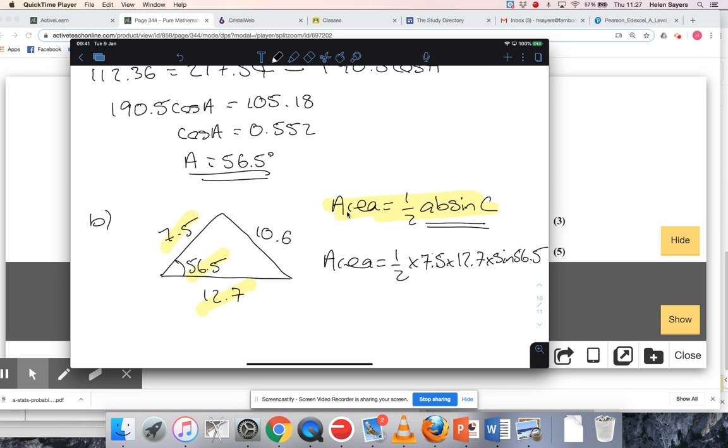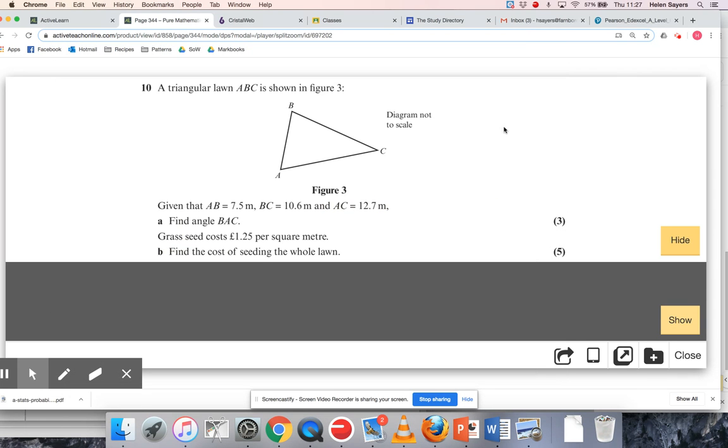So that's all just going straight into my calculator. So 0.5 times 7.5 times 12.7 times sine of 56.5 gives me 39.7, assuming that was in meters. Yep, square meters. It's £1.25 per square meter.